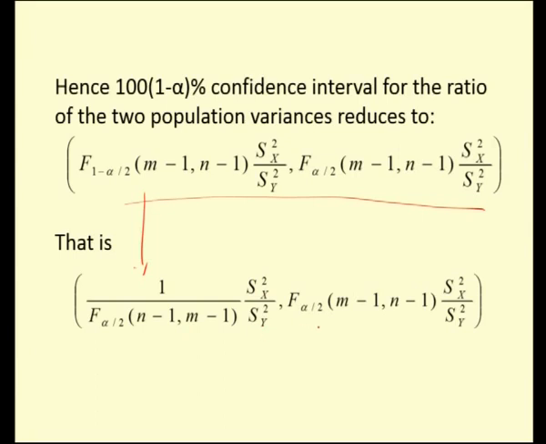Similarly, here it is F alpha by 2 with m minus 1, n minus 1 into sample variance of x over sample variance of y. The reason for writing F of 1 minus alpha by 2 in terms of F of alpha by 2 is for computational purposes, that is to refer to our F tables.